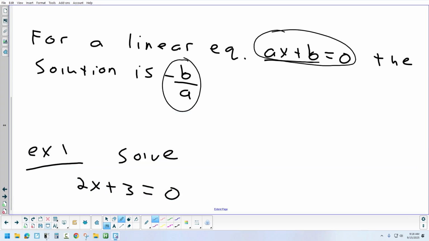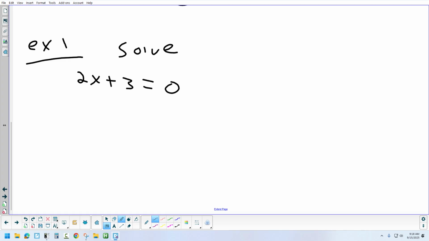Okay, so now let's see if we can just find the root in this equation. Anybody tell me what the root is for 2x plus 3 equals 0? Negative 3 halves. That is the root.